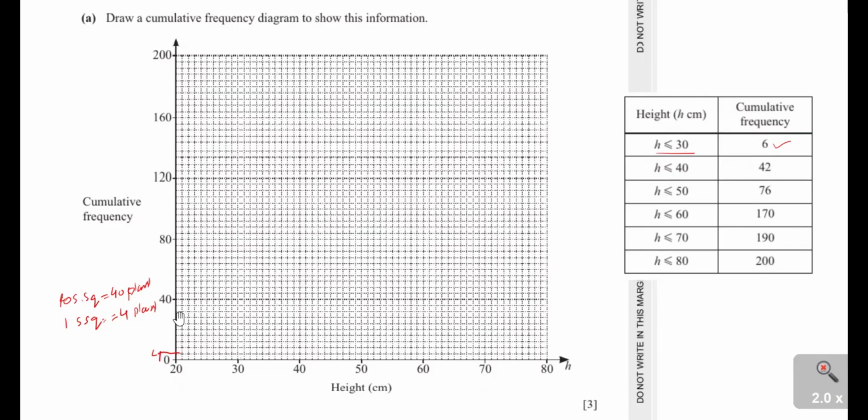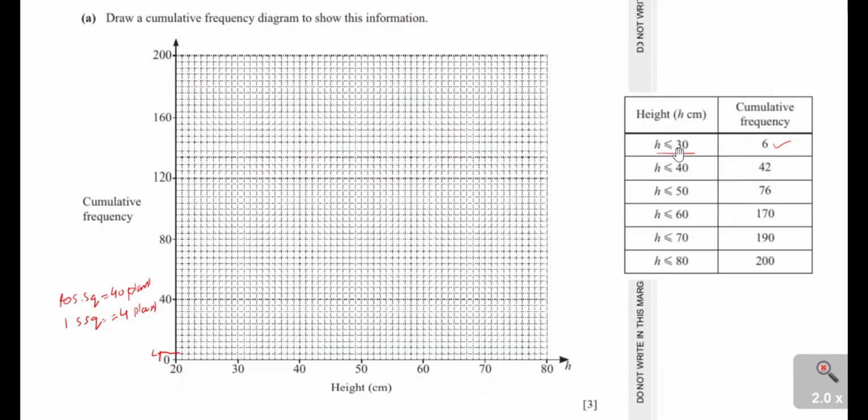Look here, on the y-axis the scale is, these 10 small divisions equal 40 plants. Therefore, one small division will be equal to 40 over 10. This will be equal to 4 plants. And now we will mark the height and cumulative frequency values on this graph.